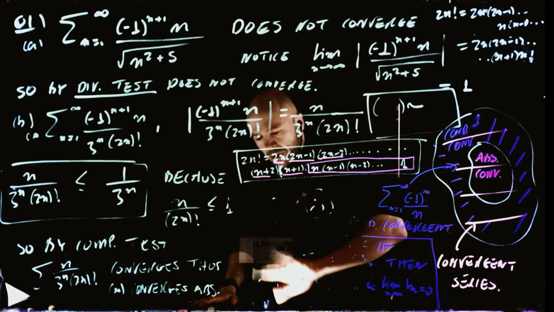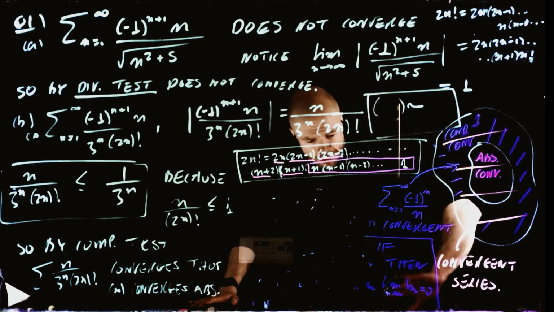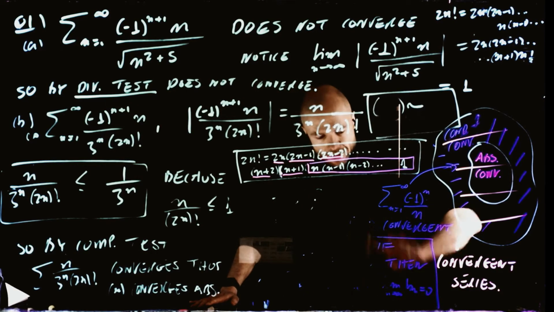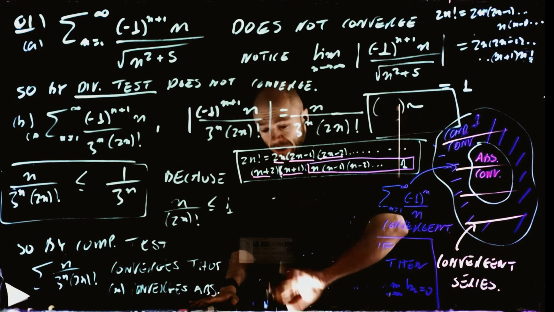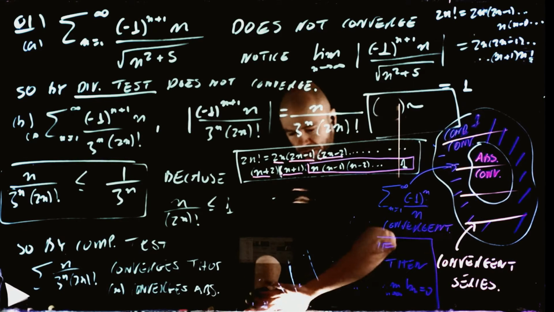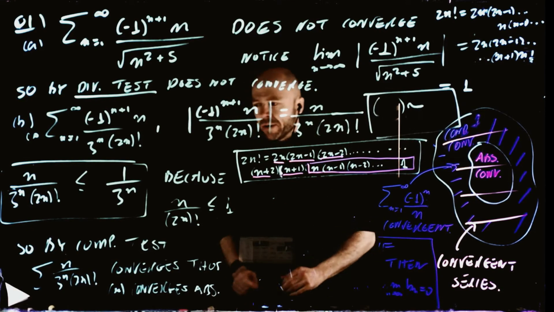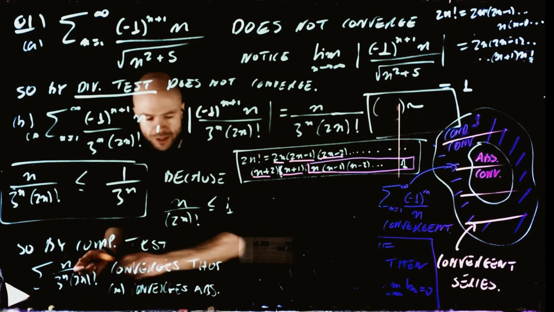So that is a way to answer it. We can also, as some of you suggested, do the ratio test. And indeed, it would be good to have multiple ways to get an answer. The ratio test is a good thing to try whenever you have an n factorial. Because what does a ratio test do?